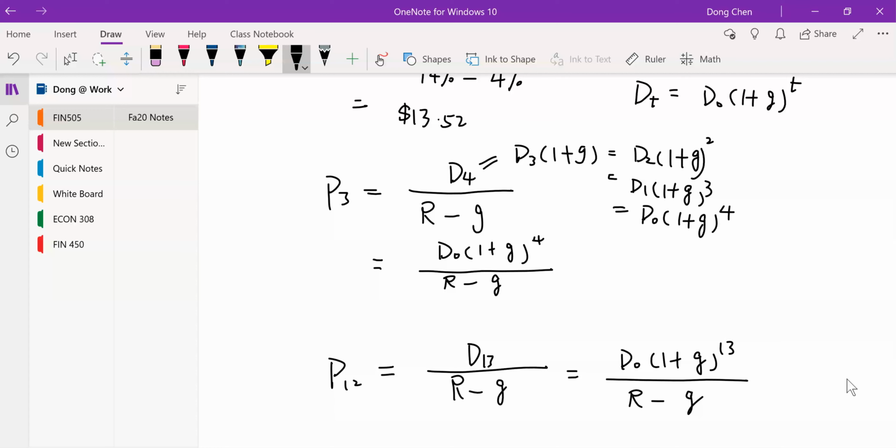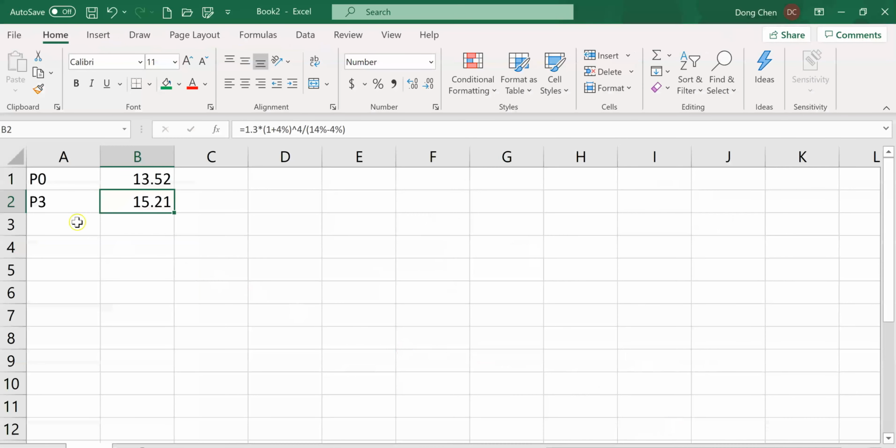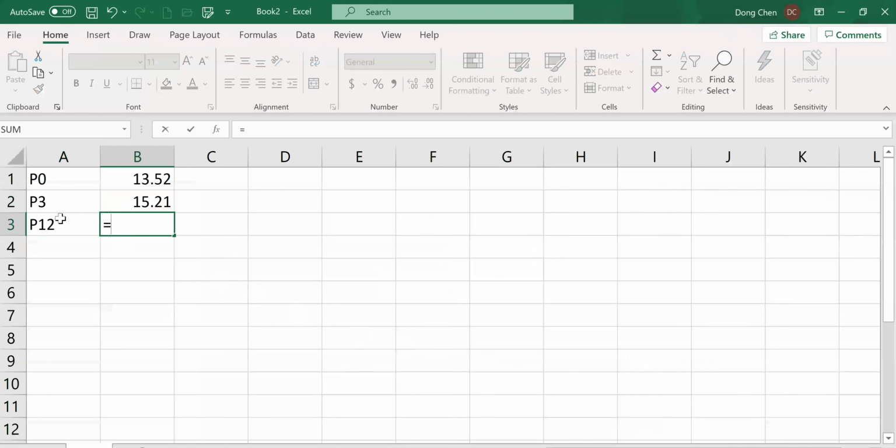So now I can plug in the numbers and get P12. This equals 1.30, that's D0, times 1 plus g, 4%, raised to the power of 13, and then divided by 14% minus 4%, r minus g.